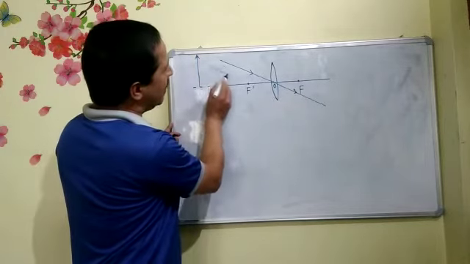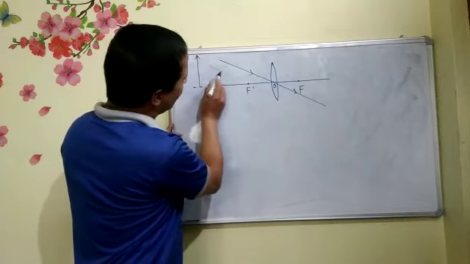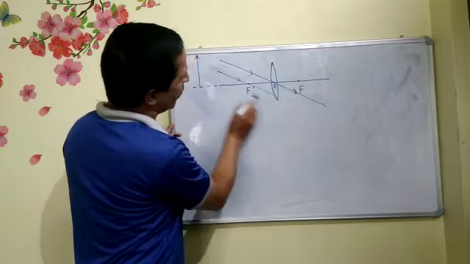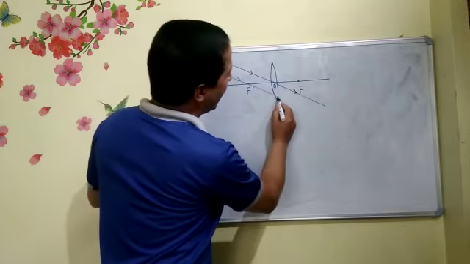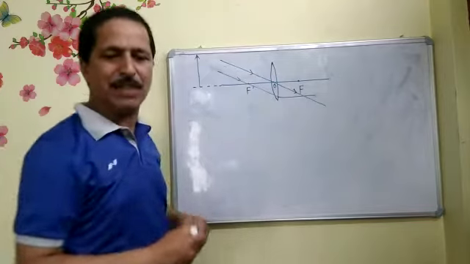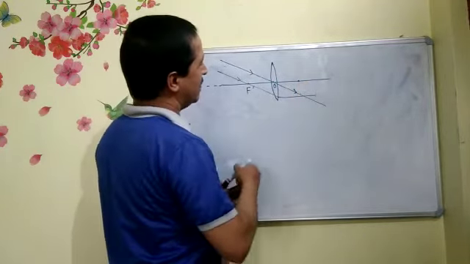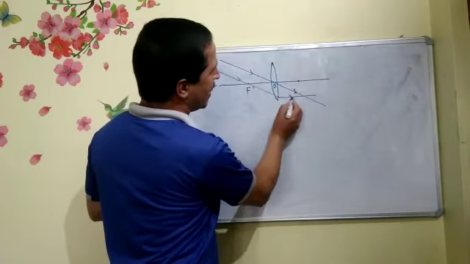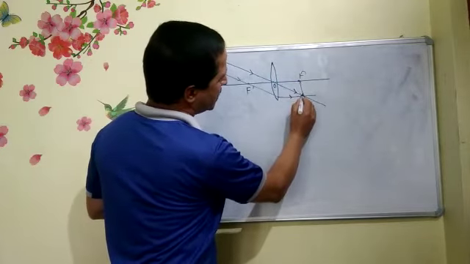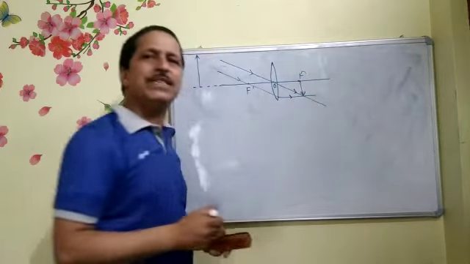The other ray, which is parallel to this ray and is passing through the focus of the lens before refraction, will bend and will become parallel to the principal axis after refraction. You can see that these two rays are meeting at the focus on the opposite side.